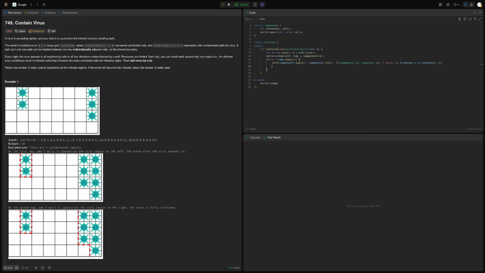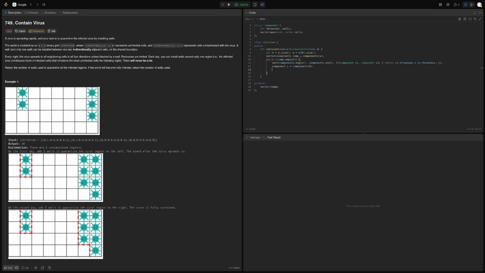So the first one is first, c is components 0.